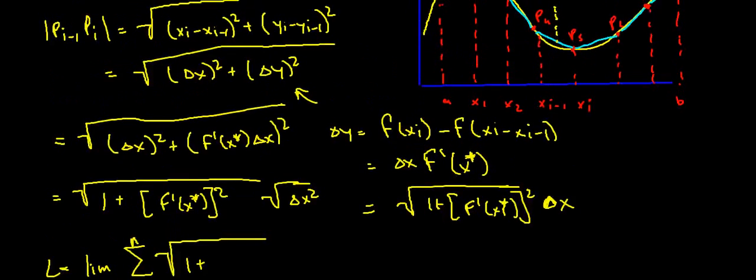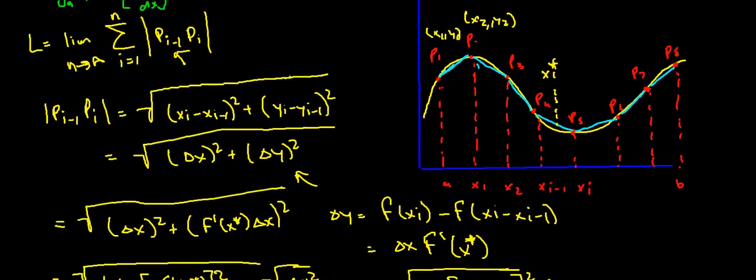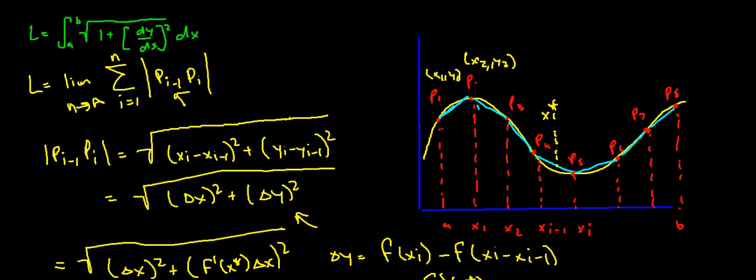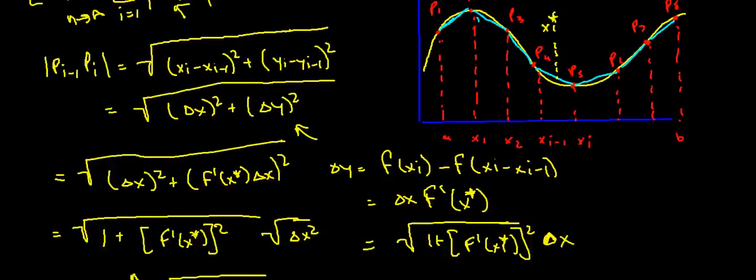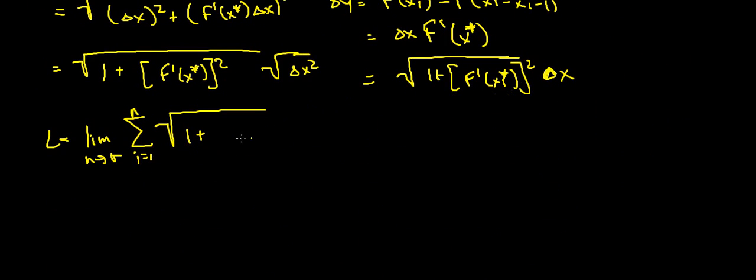Oh, one more thing. Up here I just used the Leibniz notation. I can change this to the Leibniz notation as well. It's not a big deal. We'll leave it as is for now.